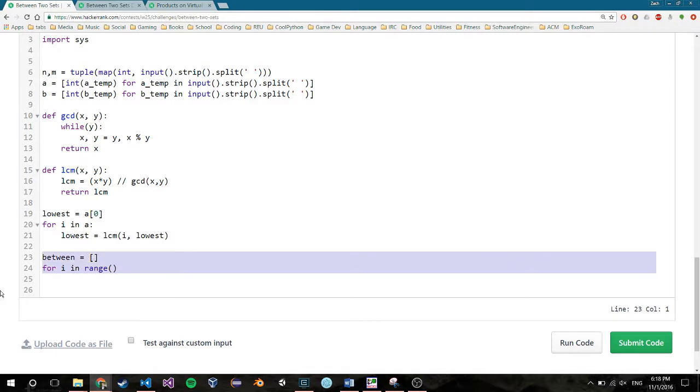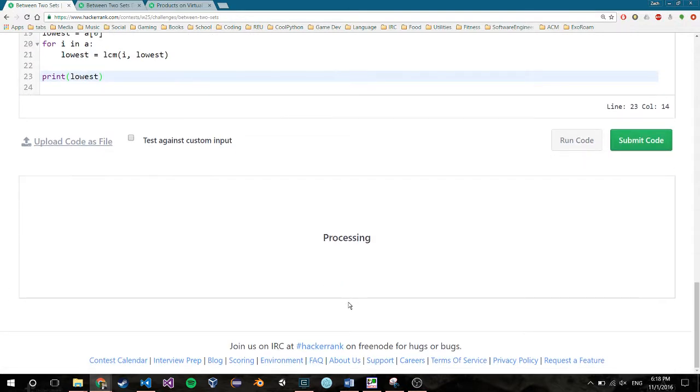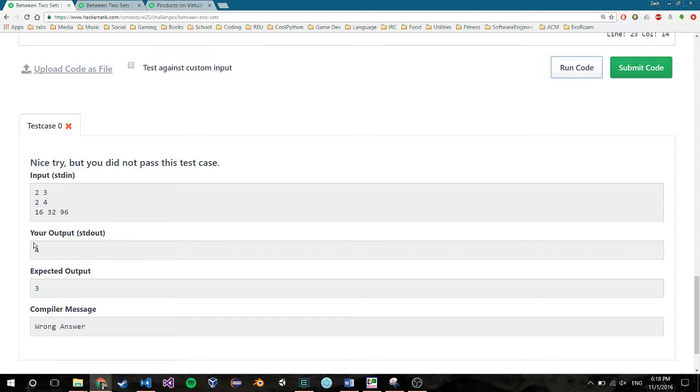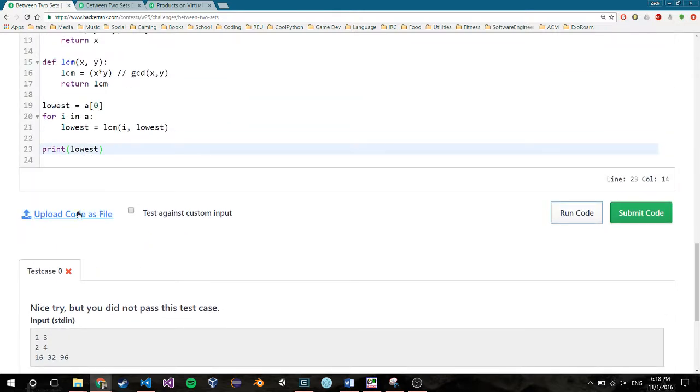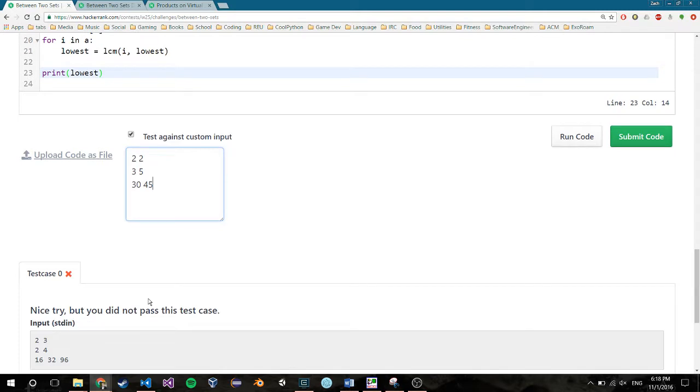What is this modularity you speak of? Yeah, that's right. We'll test it against this one too if we want. 2, 2, 2, 3, 5. So it's just like 15.